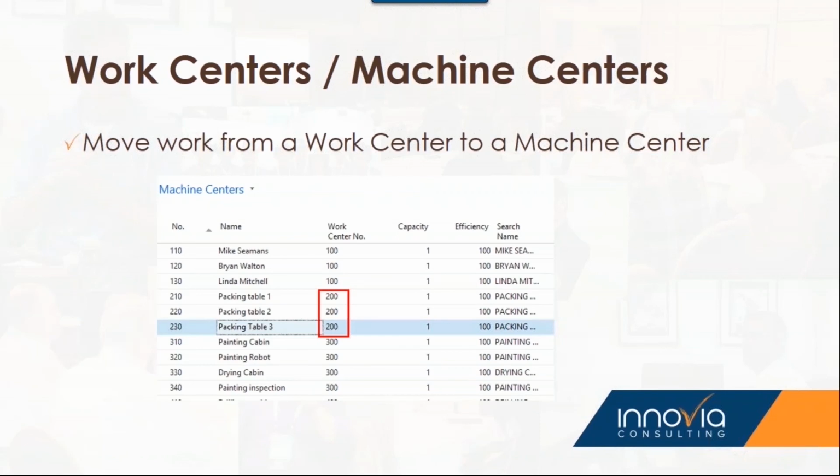I have the ability to then take that and move it to a machine, and it'll update the routing or the production order correctly. And now when I look at the load on the machine, I've just moved that work from a generic work center, which is fine because I need to know how many hours I've got, and then I move it to the machine.